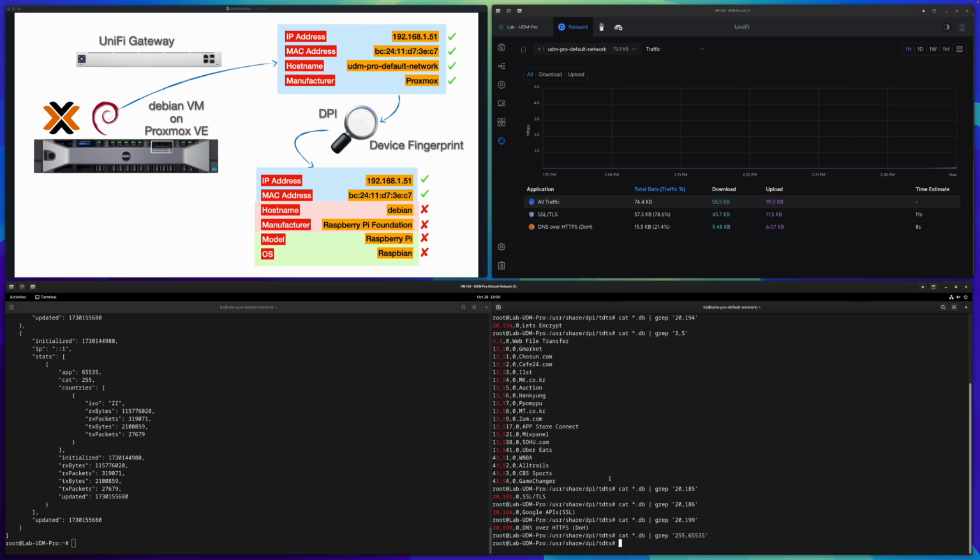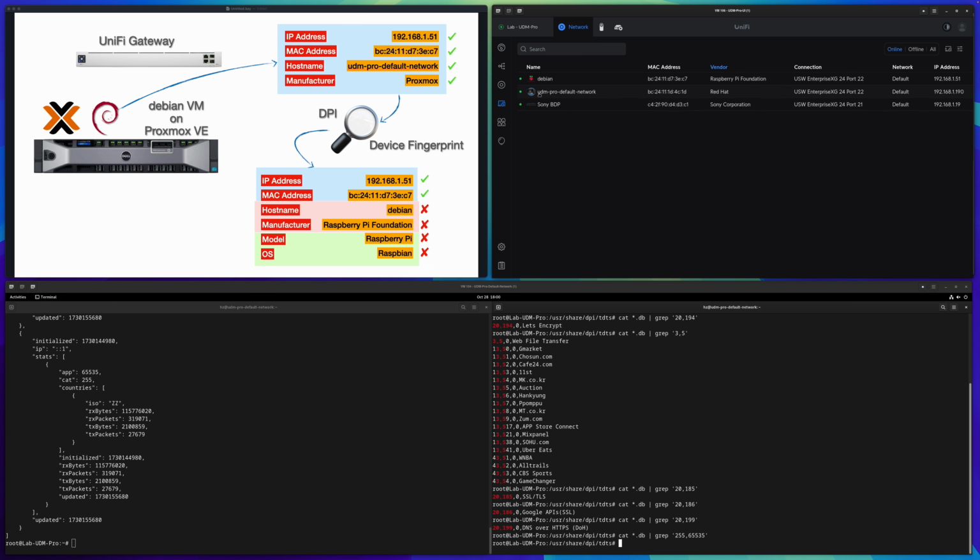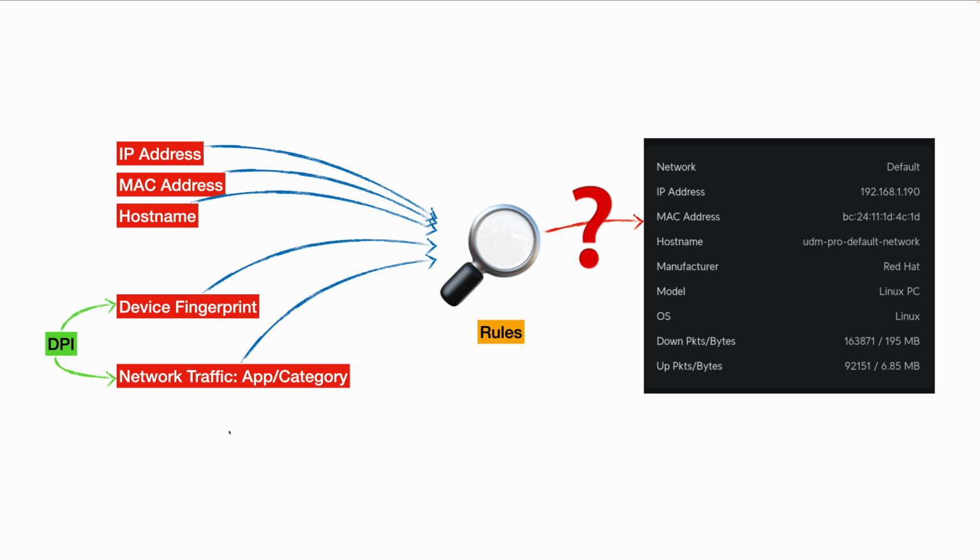But the reason we are doing this is not to understand the UniFi Network controller insights. We are trying to understand why Ubiquiti categorized this particular device as a Red Hat, right? Ubiquiti's DPI engine is its own proprietary implementation. There is no documentation, but based on what I have observed, this is my theory.